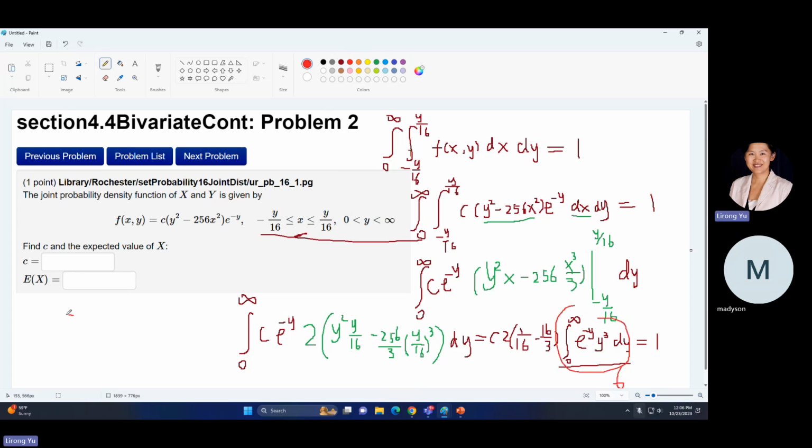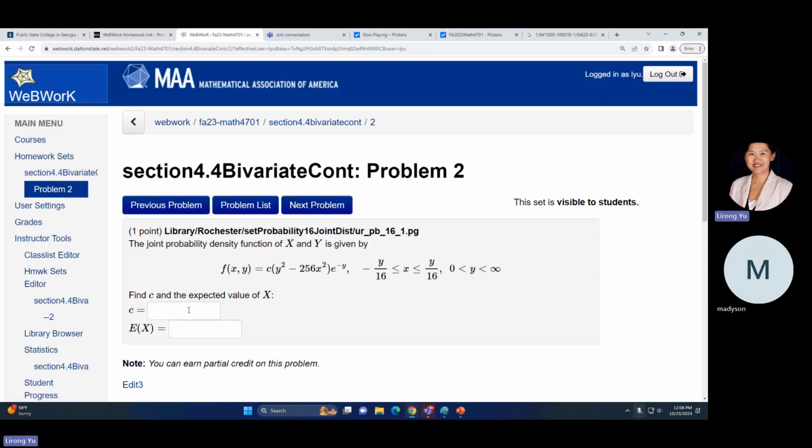All right. So C is equal to 1 over 2 times 6, which is 12. So 12 times 1 over 16 minus 16 over 3. I don't know what that number is, but we put it in the calculator to find the appropriate number for C. So it's 1 over 12 times this, 1 over 16 minus 16 over 3.